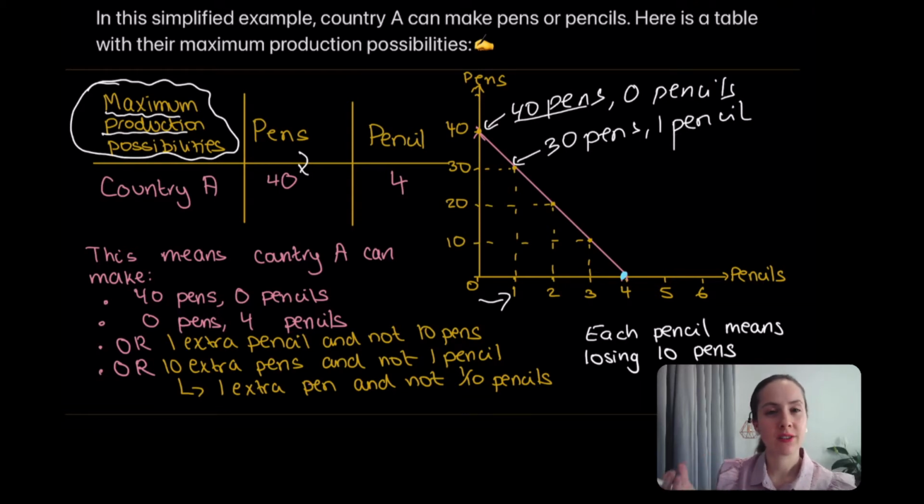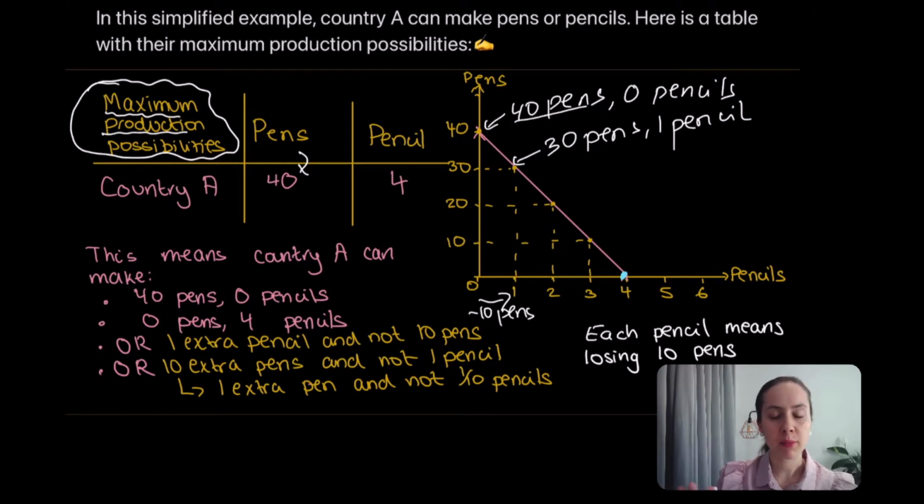So what have they lost out on? That's going to be our opportunity cost. So by having 1 more pencil, country A has lost out on 10 pens. That's the opportunity cost. And that's what we're going to work out for the rest of this video.